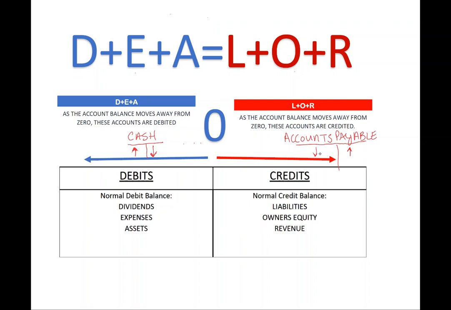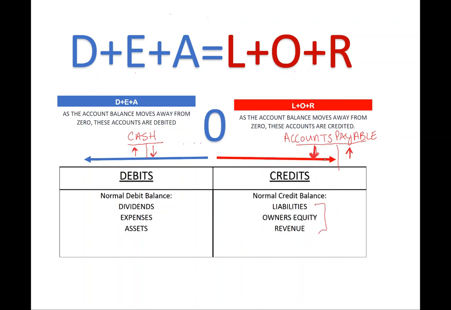On the right side, the opposite is true. If we are going to increase the balance of the account, we are going to see a credit to accounts payable. If we pay our bill and we are decreasing our accounts payable balance, we're going to see a debit on the right side on these accounts.